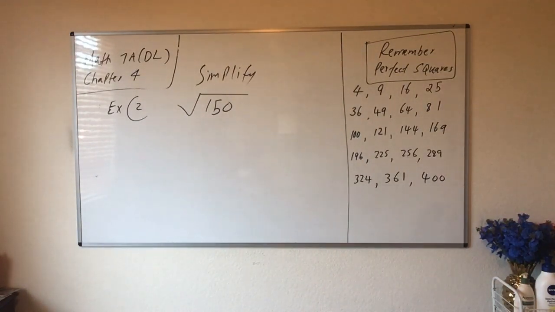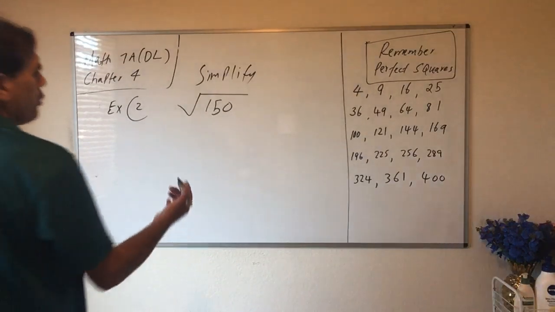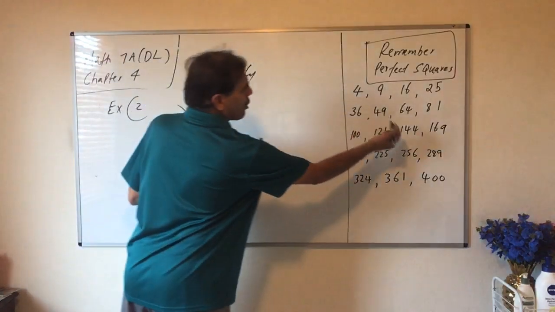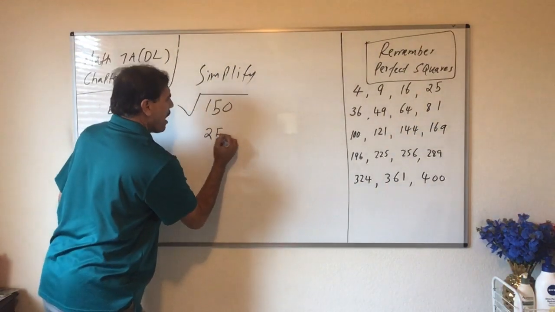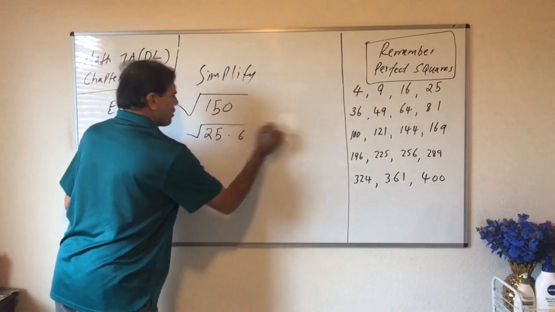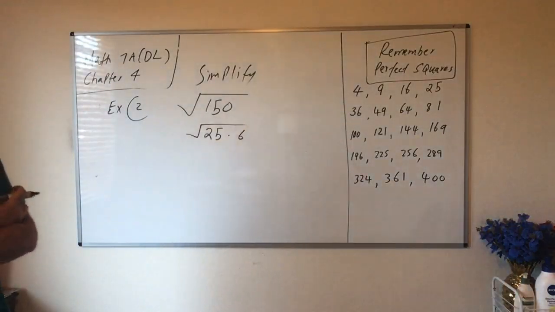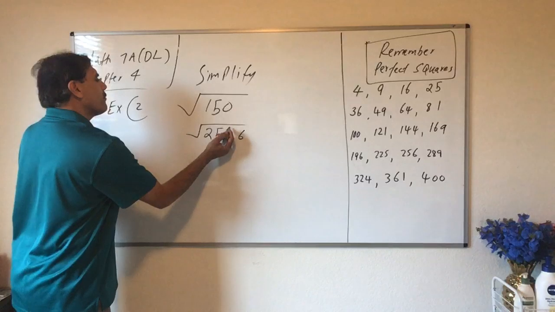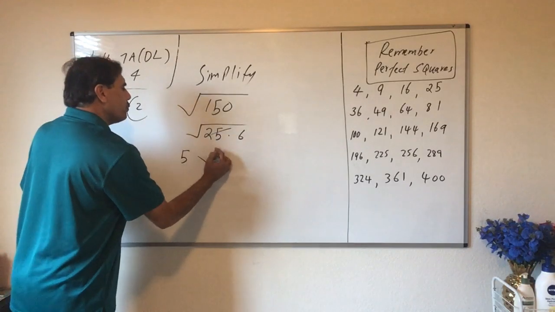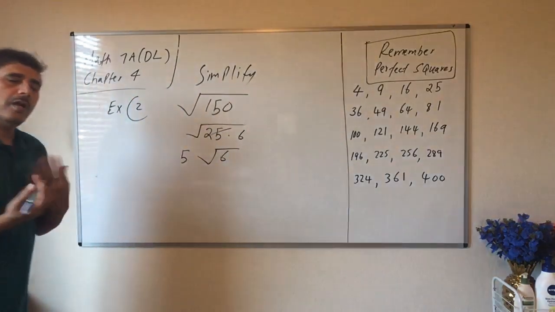But remember, $50 is how many quarters? Think about a quarter, because a quarter is 25. So 25 times 6 gives us 6 quarters. So 25 is the best perfect square we have. The square root of 25 is 5. So the answer is 5 root 6, and you're done.